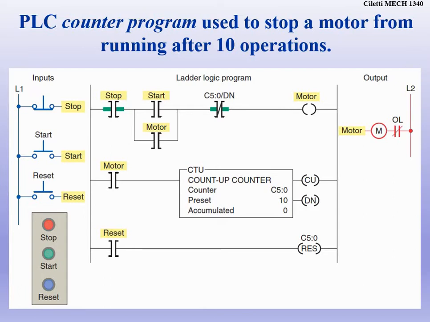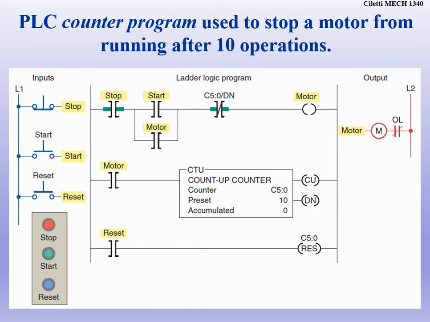In this case, we have a counter program that's used to stop a motor from running after 10 operations. So a motor's going to run 10 times and then be done. Essentially, we're going to run that motor off the counter. When the motor kicks on, notice that there's a contactor in rung 2 labeled motor.